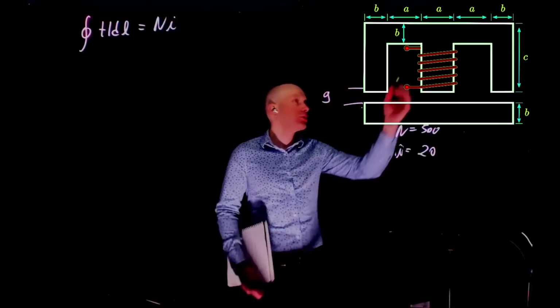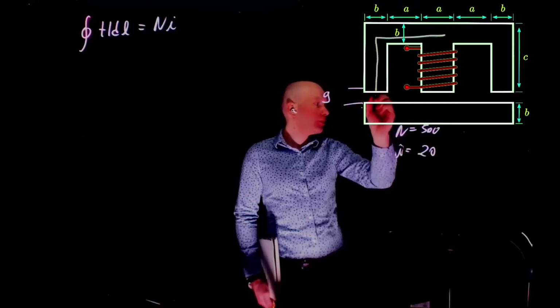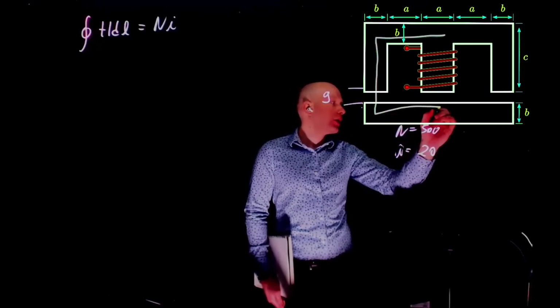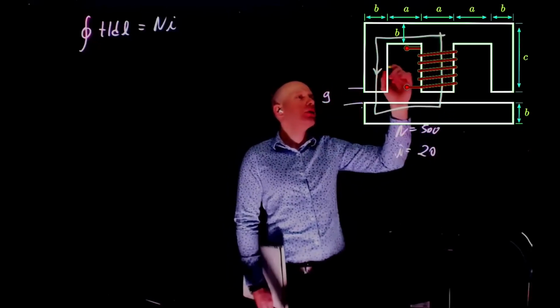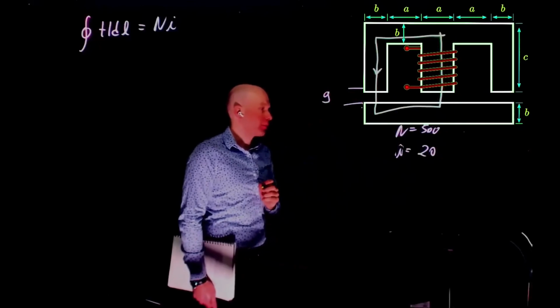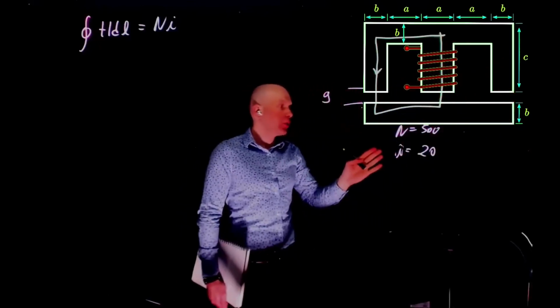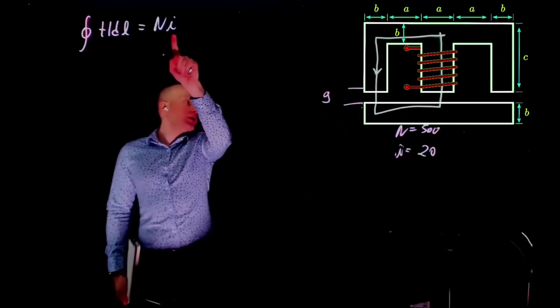We can take a closed path from this point to that point, down here, and up there. This was supposed to be a straight line, by the way. This could be our closed path. We could also take the closed path on the other side. That works as well. But let's look at the equation again: integral of H dl equals Ni.